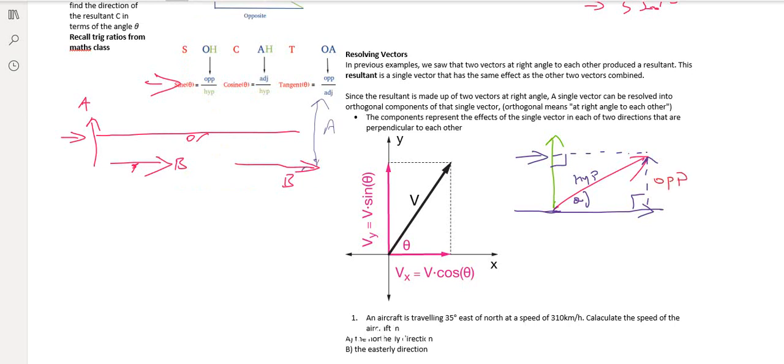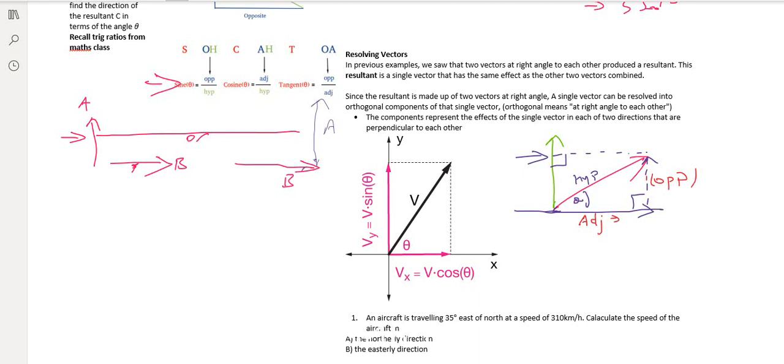And we know that this side is going to be our adjacent. We just want to find the relation between this vector and what we're going to name this side. What value does it have? That's what we're trying to do here.